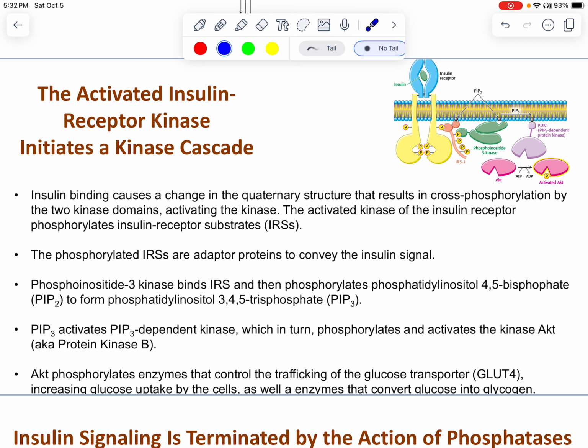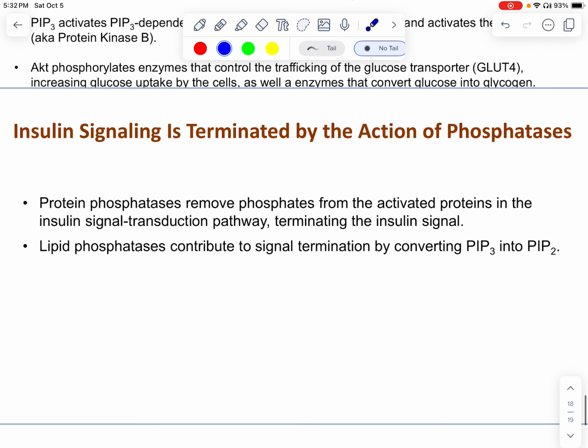Now we still need a way to stop this process. So two things that can happen. Protein phosphatases. Okay, so kinase adds a phosphate group, so a phosphatase removes a phosphate group. So if we have protein phosphatases, they can remove phosphates from the activated proteins.